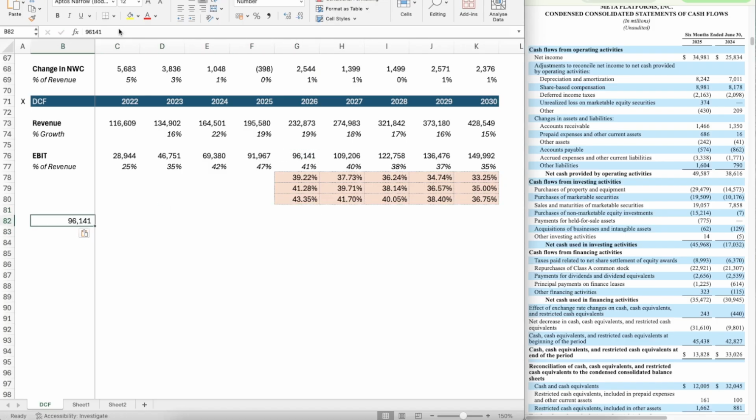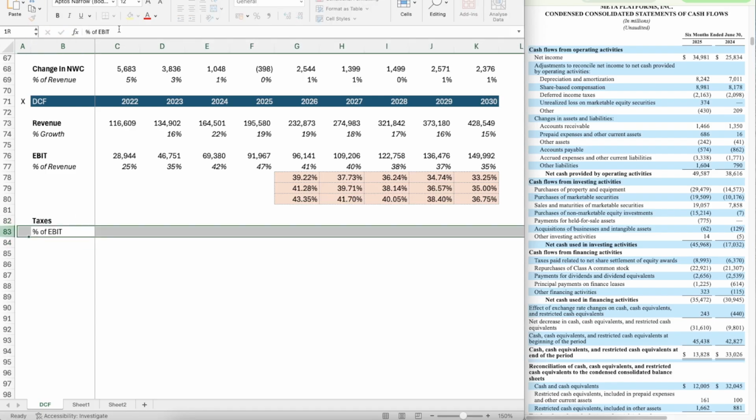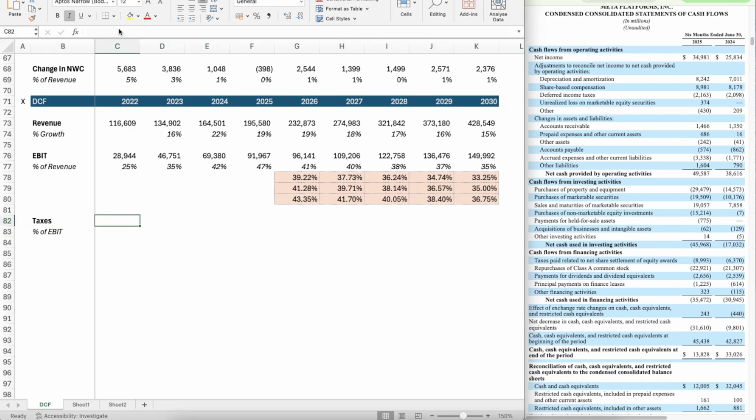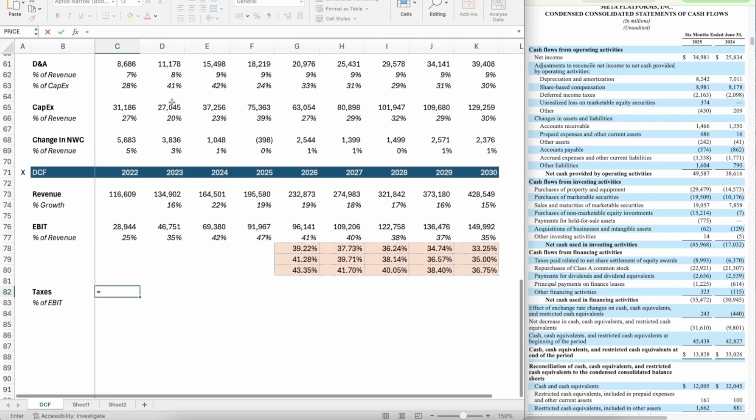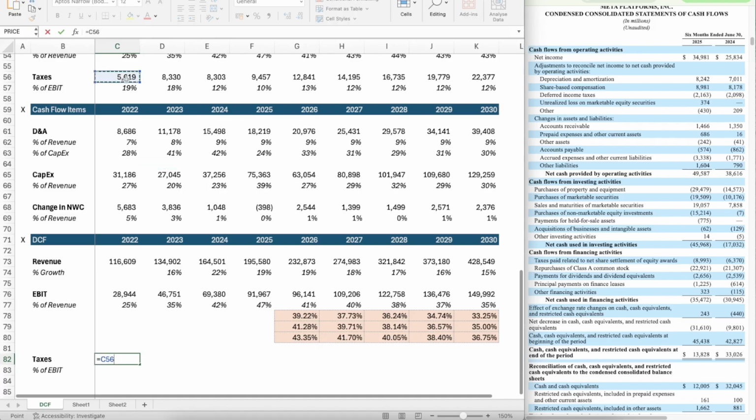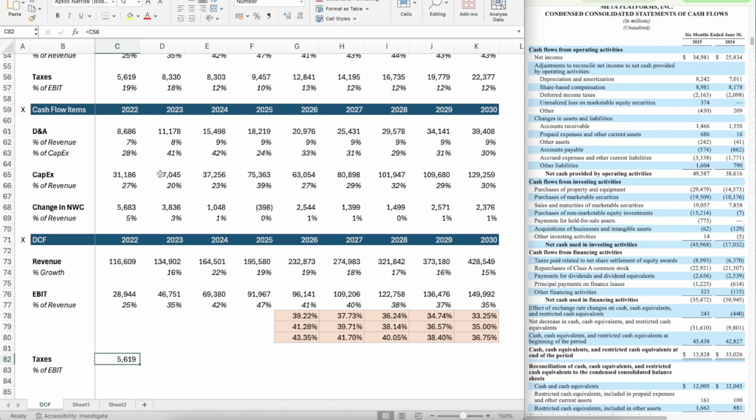Taxes. Now we need to make the taxes so that when the EBIT changes, the taxes paid changes. So again, we copy up to 2025.